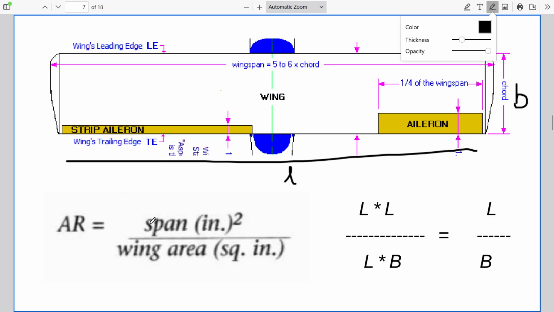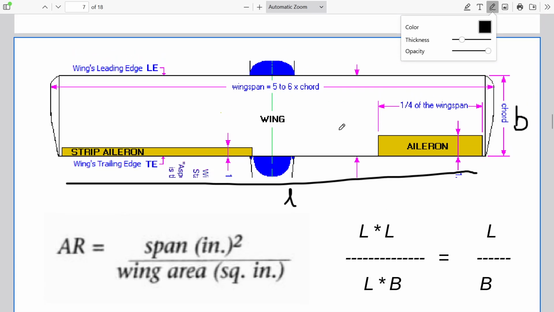So span squared means L into L, and wing area, what is the wing area of a rectangular wing? L into B. Right. So we write L into L upon L into B and we get L by B. And if you go by the literal meaning of aspect ratio, this is the aspect ratio, the ratio between the lengths of a shape, of a rectangle. So L by B is the aspect ratio for this wing.